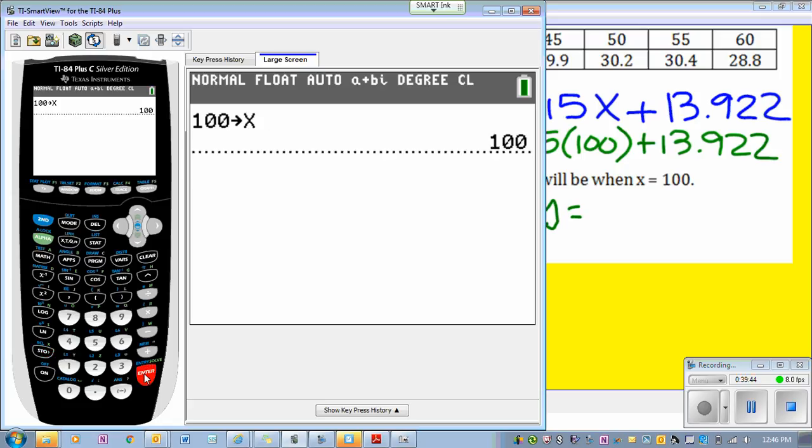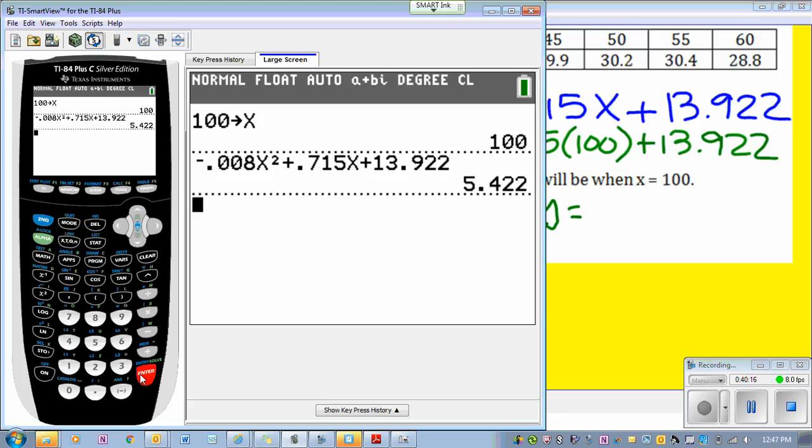So anytime you type in x now on this screen, it's going to know that it's 100, okay? So then your equation is -0.008 x squared, what's the next part, plus 13.922. Okay. Then hit enter. Is this what you have?